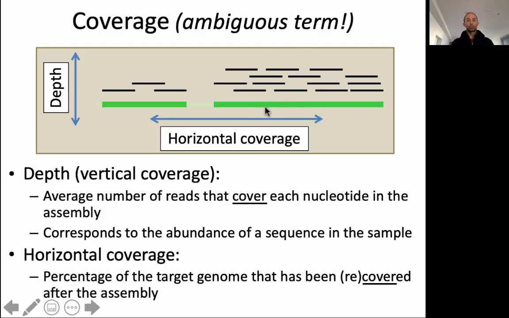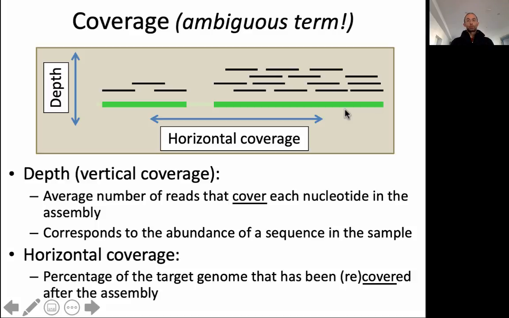So this contig over here is present more abundantly in the original data than this contig over here. So this might, for example, be representing a repeated region in this genome that has been assembled into a single contig. We'll get to that in just a second.